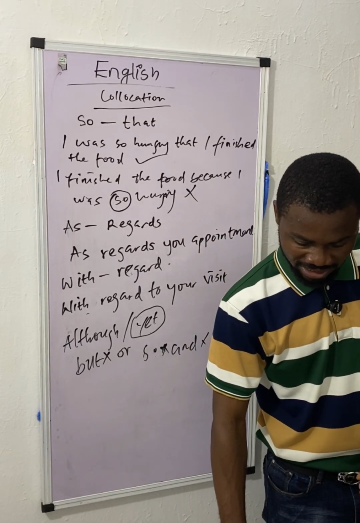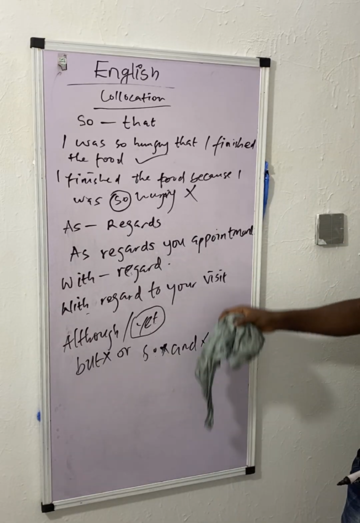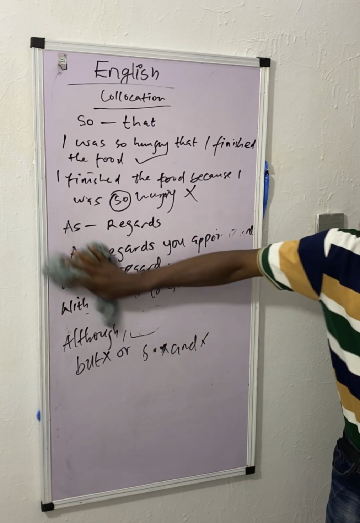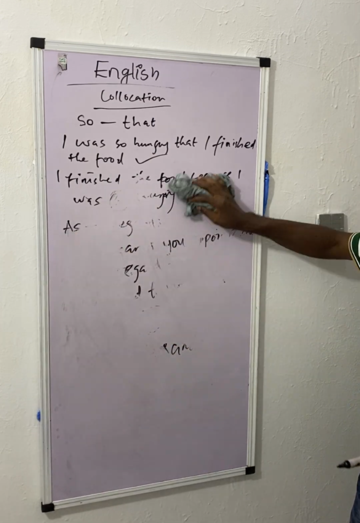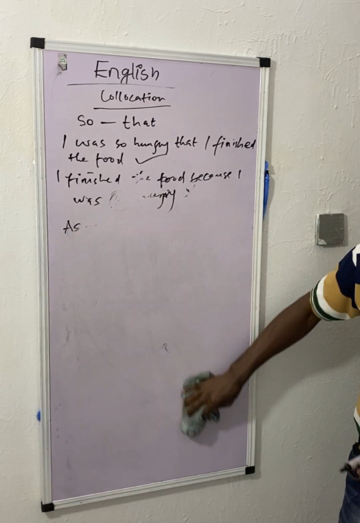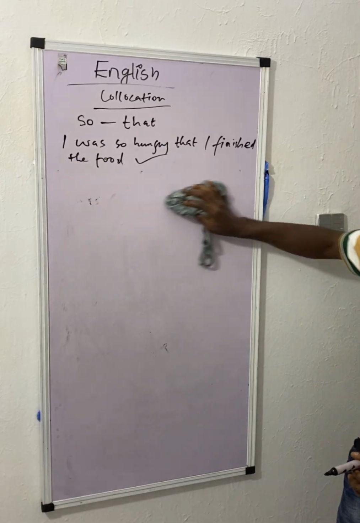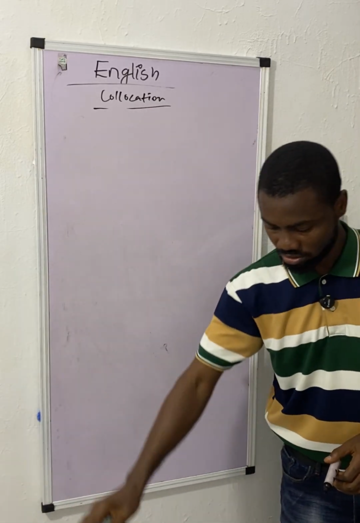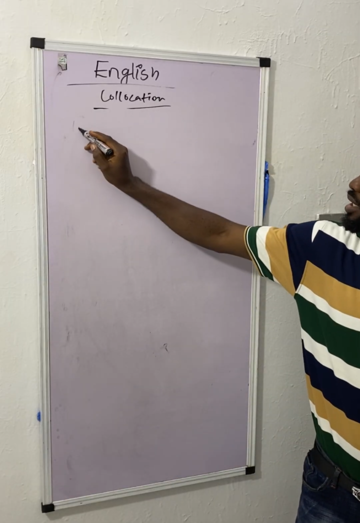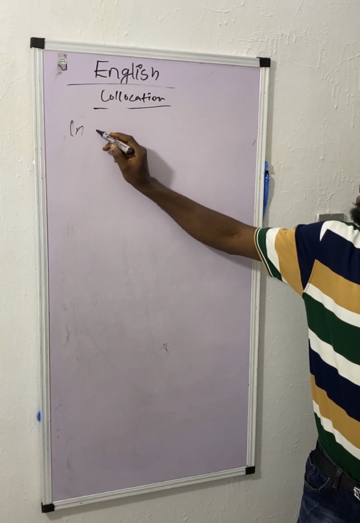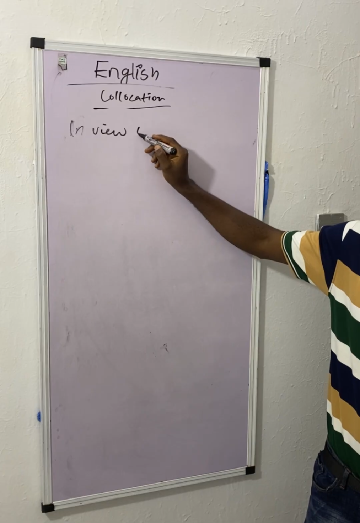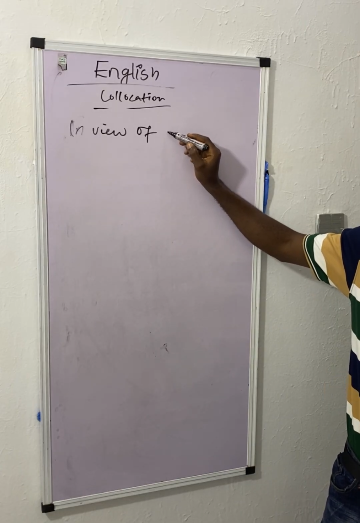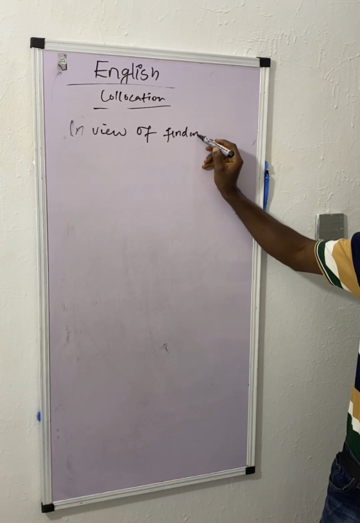Let's look at another one. In view of slash with a view to. If you are using in view, you should use what? Of. If you are using with a view, you use to. For example, we can say in view of finding a solution.